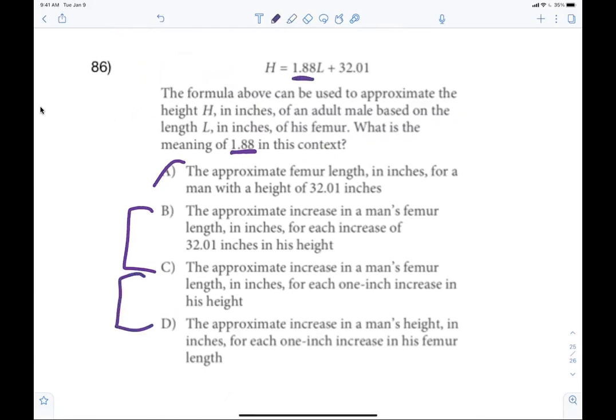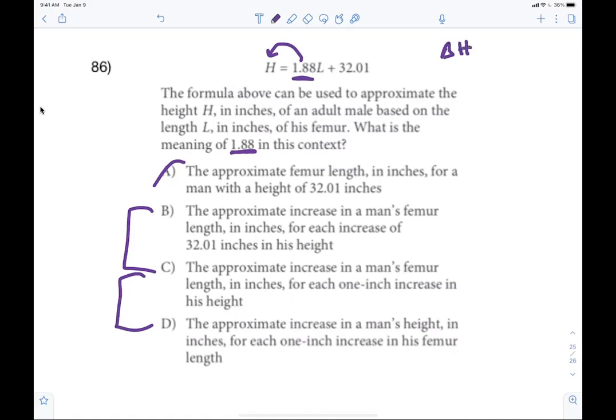So now 1.88 goes with what letter? Everyone says 1.88 goes with L, but they are sadly mistaken. 1.88 goes with H. What number goes with L?